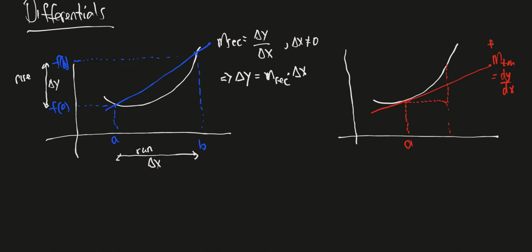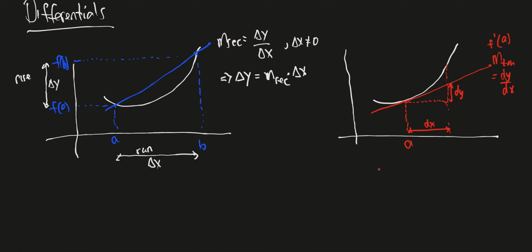So it's also our derivative evaluated at that point, right? So if I call this distance my dx, and that distance my dy, then I could come up with something similar to this.